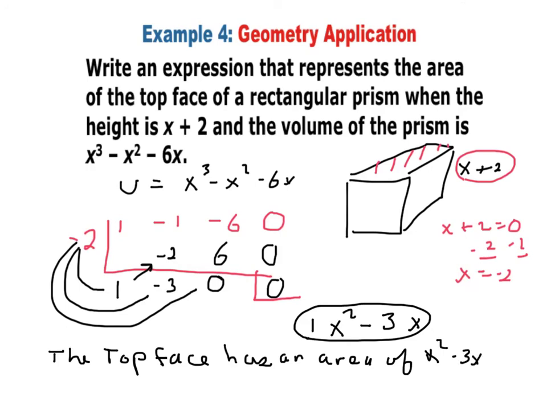Now, let's look to see if it has a unit. Looking at the problem, I don't see a unit. So you're just going to say x squared minus 3x units squared. Period. And there you go.